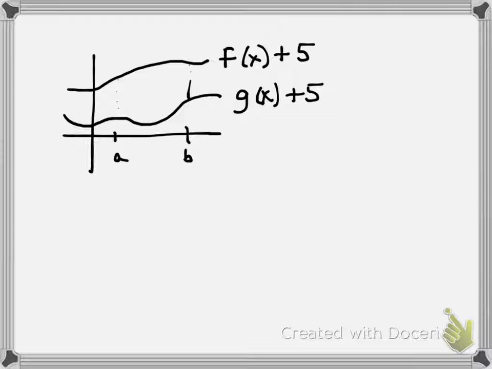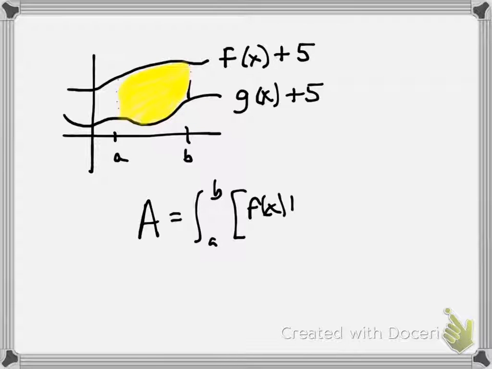now we've got everything. It's still the same area we're finding here. Now we've got everything above the x-axis. But still, in finding our area, we would now just do f of x plus 5 minus all of g of x plus 5.